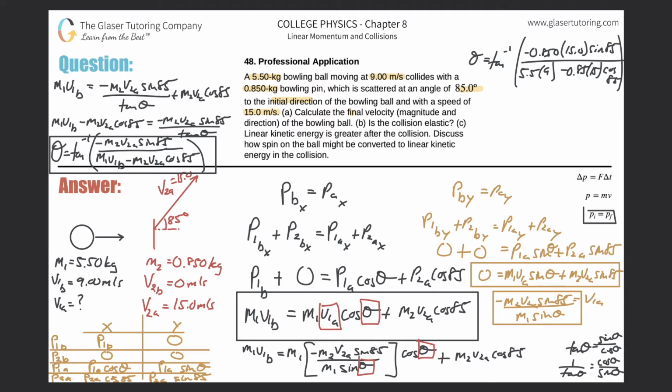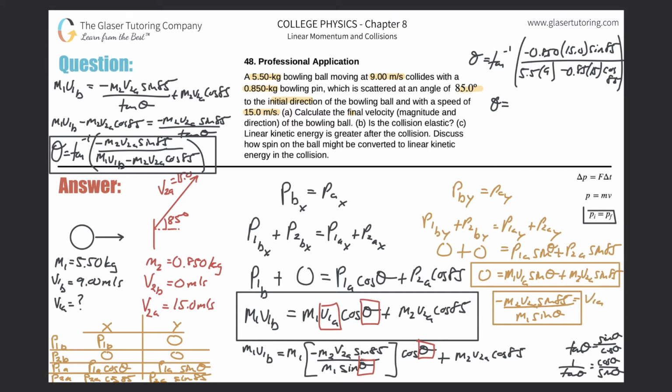All right, wonderful. So now let's throw that into the calculator. I'm going to do the denominator first, 5.5 times 9, minus 0.85 times 15, times cosine of 85. And then I'm going to take the numerator, negative 0.85 times 15 times sine of 85, and divide it by that entire denominator.